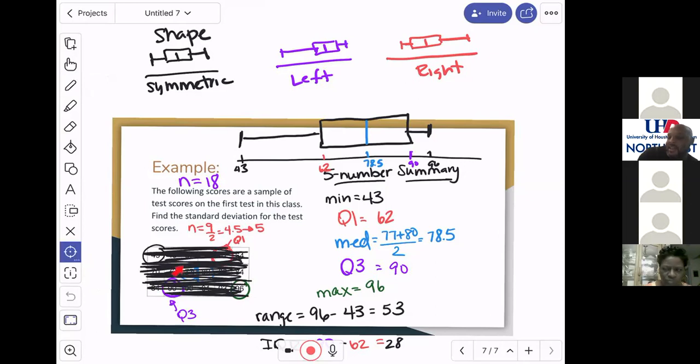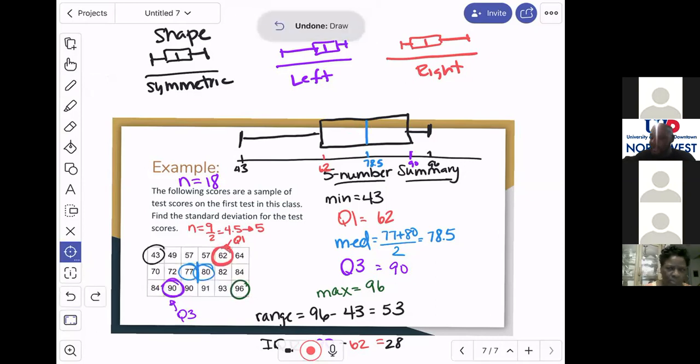I can't tell you the mean. I can only tell you the what? What is this? The median. I can tell you the median, but I can't tell you the mean. Here's what I can tell you about the mean. I can't tell you what the exact mean is. I do know that the mean is what though, compared to the median.